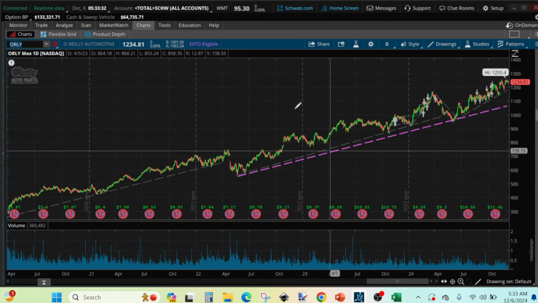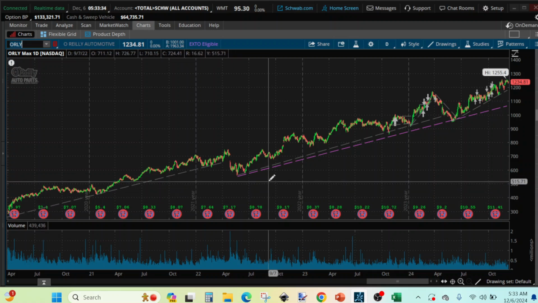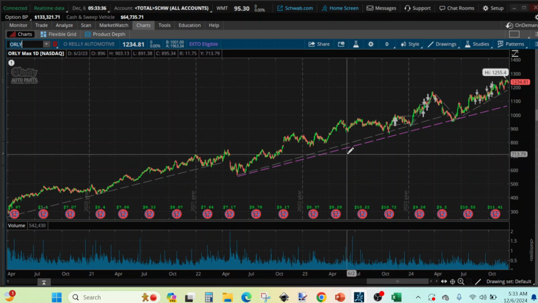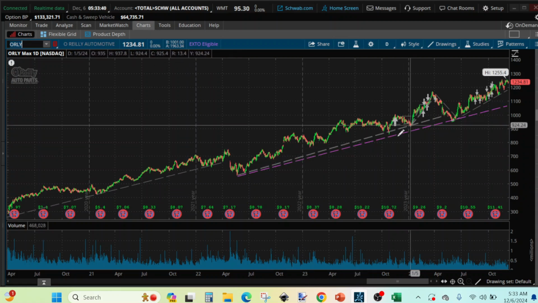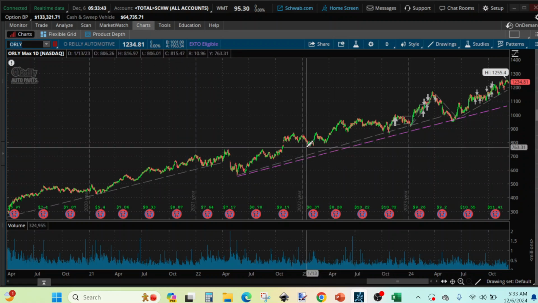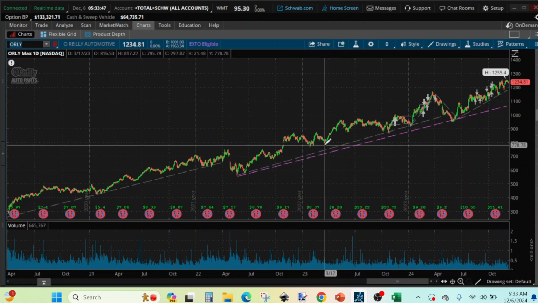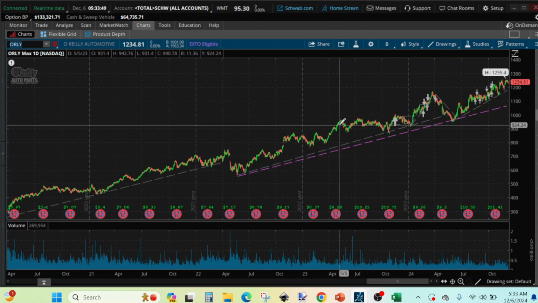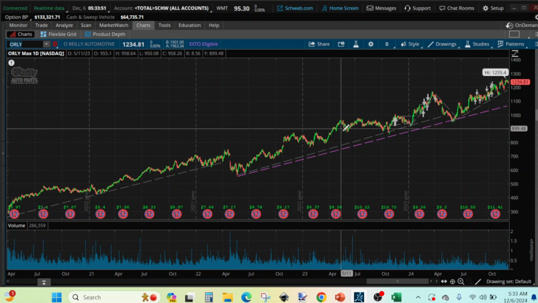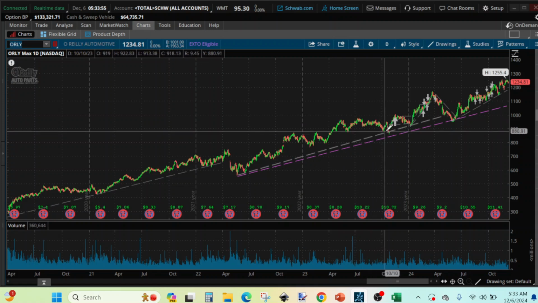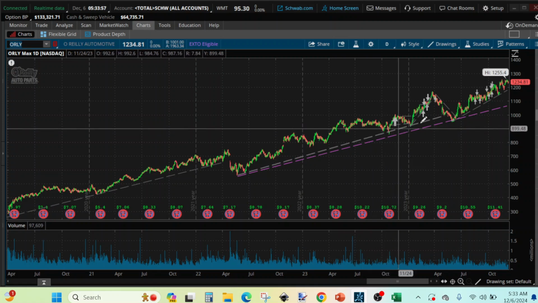We can actually try to look at the 1 year time frame to see how it did it. That's the beginning. March to May. And then October.